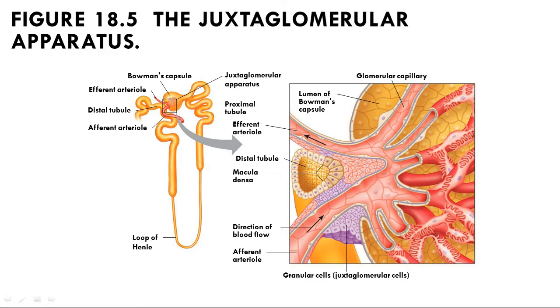So these happen to be next to the glomerulus. These are the sensing cells. They also have another function of renin production. These granular cells, the purple ones, produce renin, R-E-N-I-N.